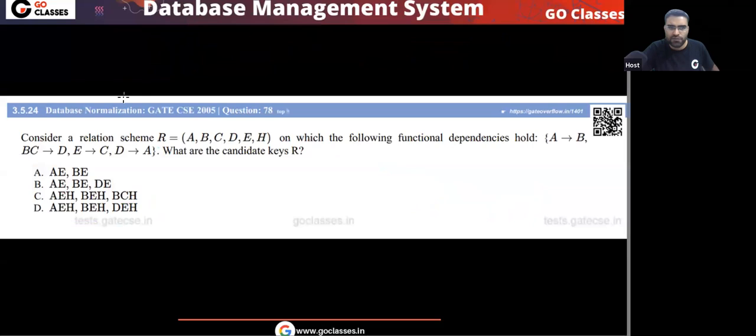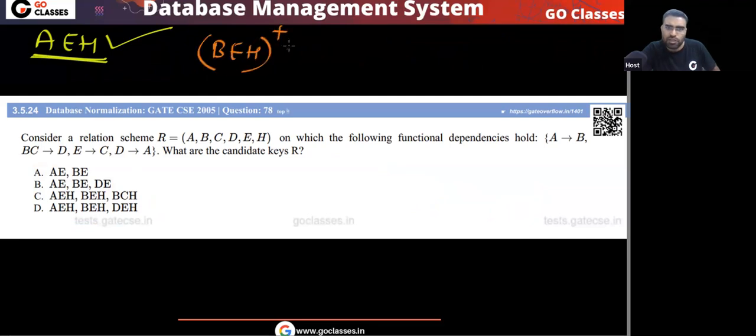So tell me, we have already found that this AEH is a candidate key. What else do we need to check? Okay, let me check this BEH. What is the closure of BEH? The closure of BEH will be BEH, and this E can bring C. What else?